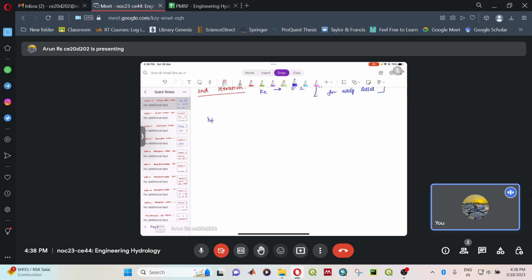So now H1 minus H2 is 0.25 plus (1.47 square minus 1.602 square) divided by 2g, which is 2 into 9.8, minus 0.1 into modulus of (1.47 square minus 1.602 square) divided by 2 into 9.8.